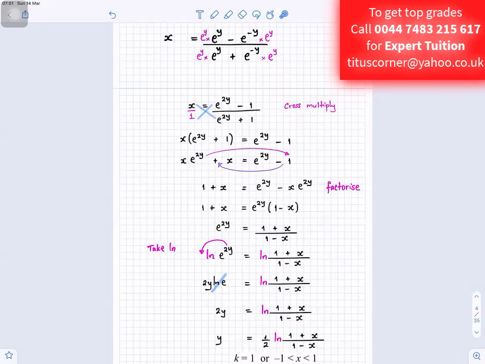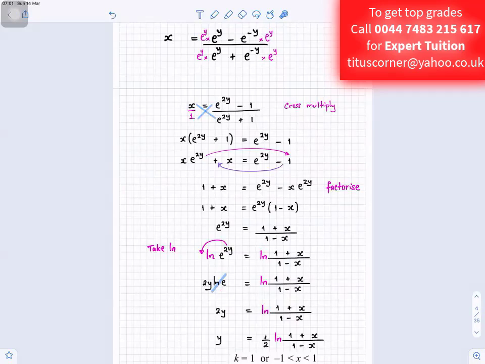Now, because we have e, we take natural logs, ln on the left side and ln on the right side. We use the power to the front law, so 2y comes to the front. It becomes 2y ln e equals ln of (1 plus x) over (1 minus x). ln of e is 1, which you can check in your calculator, so you cross that out.